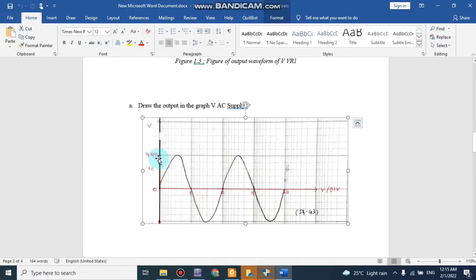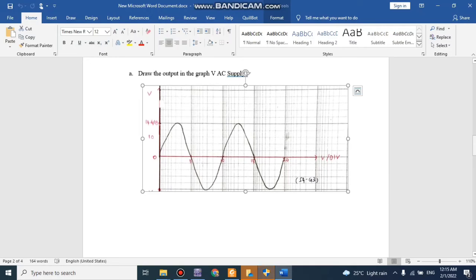The VP is 14.418 and the scale I took is 10 volt per div. So in one cycle it takes 10 volt div. So here on the positive side is 5, on the negative side is another 5. So 5 plus 5 is 10.